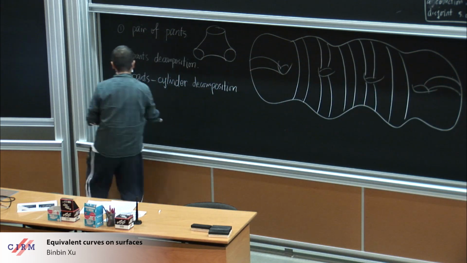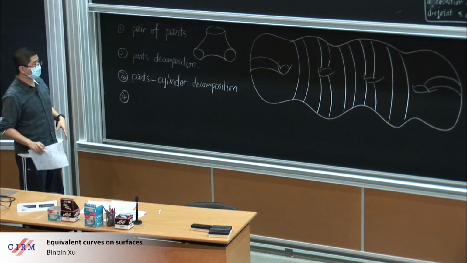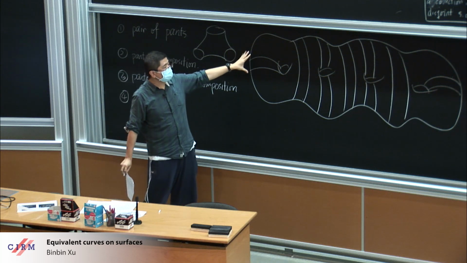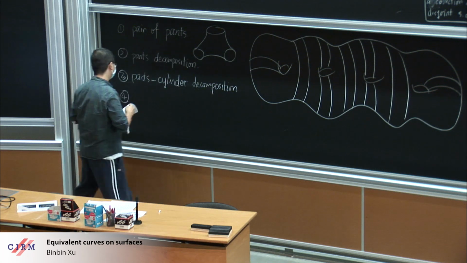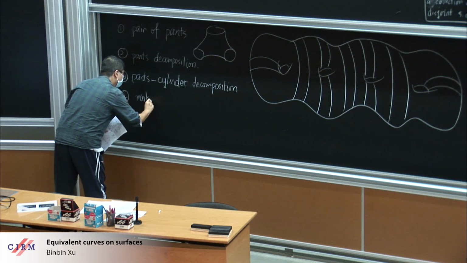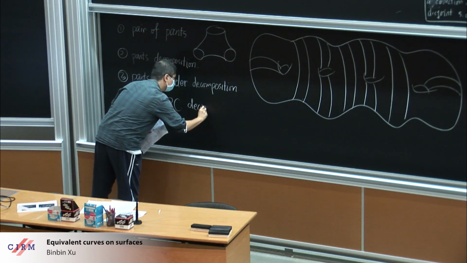The last thing we want to add in the picture is a neighborhood of a dual graph of this pants decomposition. Let me call it a marked pants cylinder decomposition.